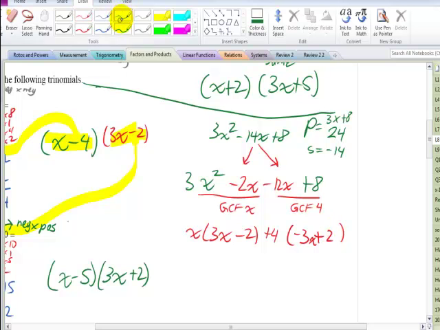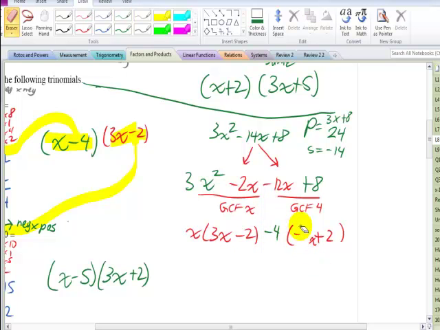What's the problem, though? And this time I actually did it on purpose. This is not the same. Okay, it's not the same. So what can we do to make it the same? What's smacking you in the face right here? Negative sign. So what we should do is make this a negative 4.